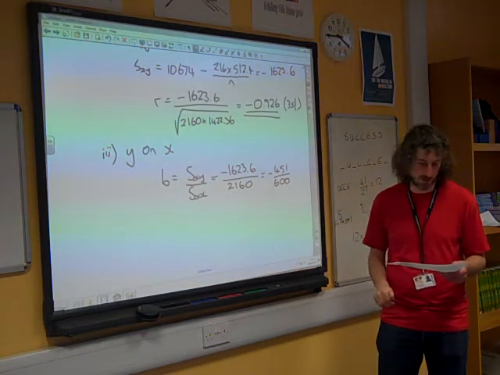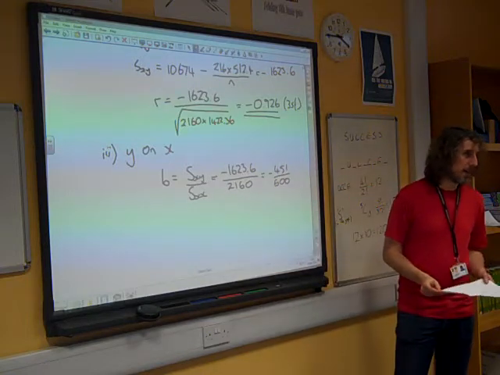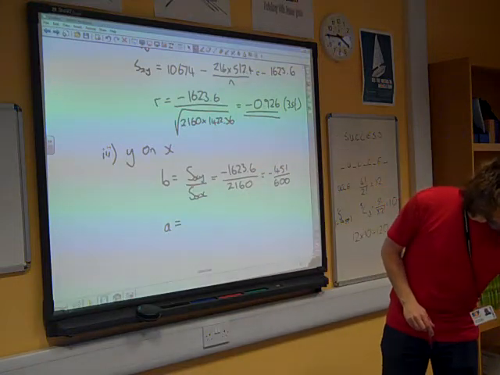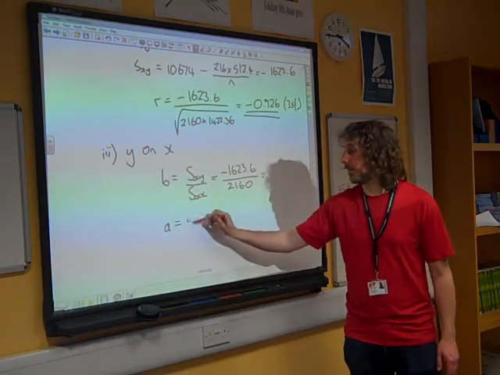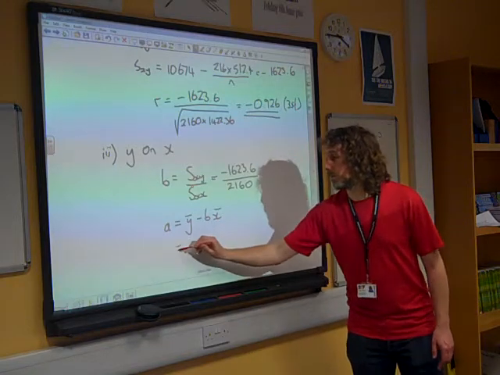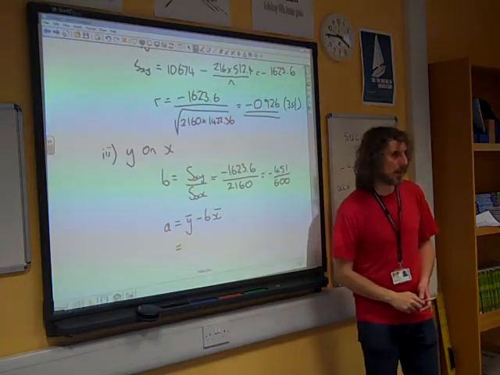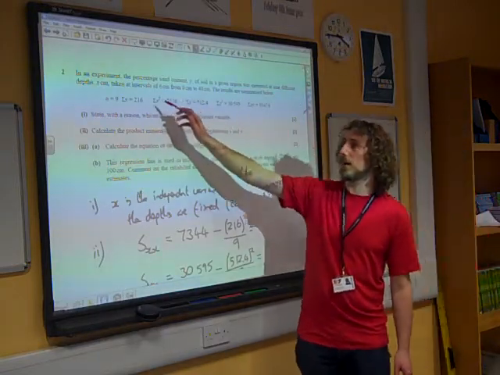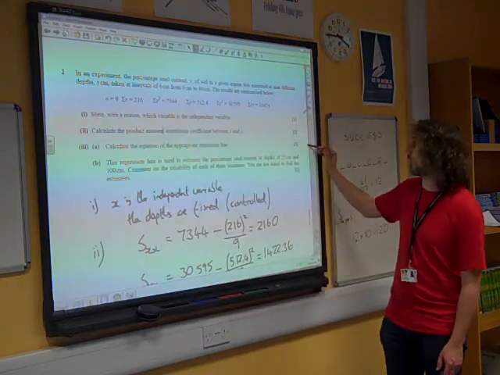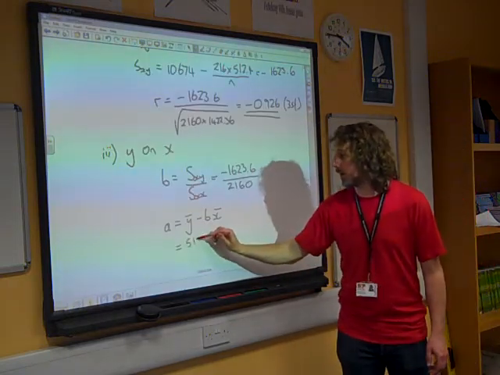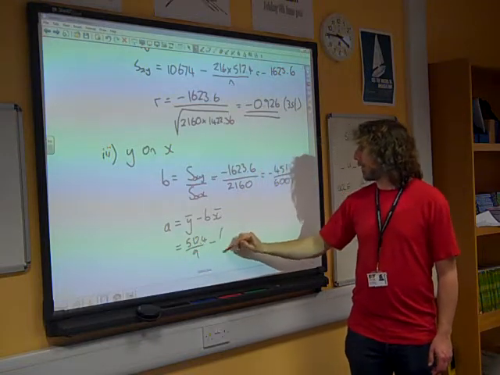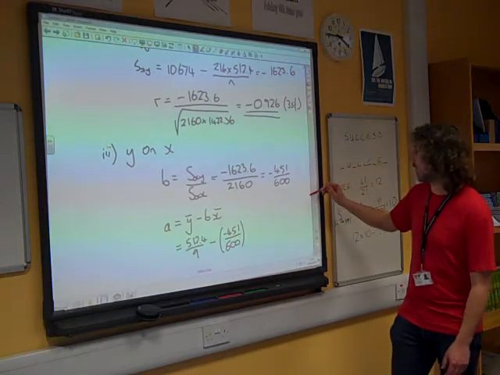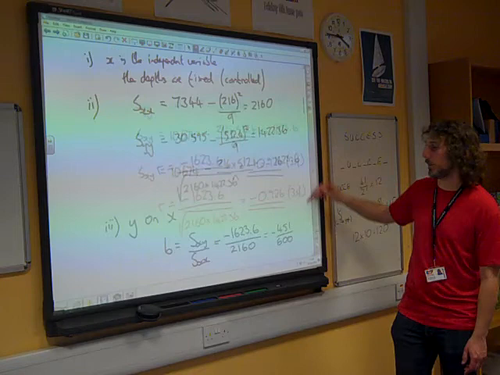My calculator's fraction button said that was minus 451 over 600. Then a. Again, straight from the formula sheet, it says a is y bar minus b x bar. But we've not been told the mean. Easy to work out though, isn't it? Y bar is sigma y over n. So that's 512.4 over 9 minus b times x bar, which is 216 over 9.